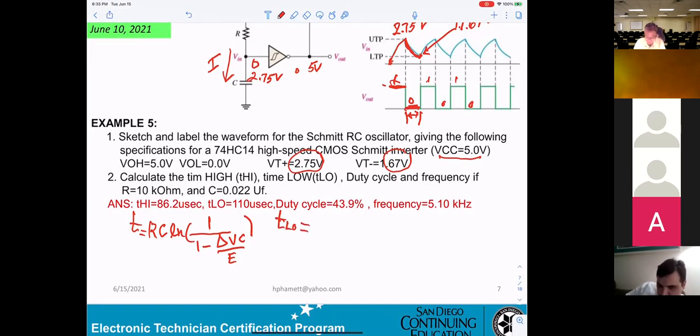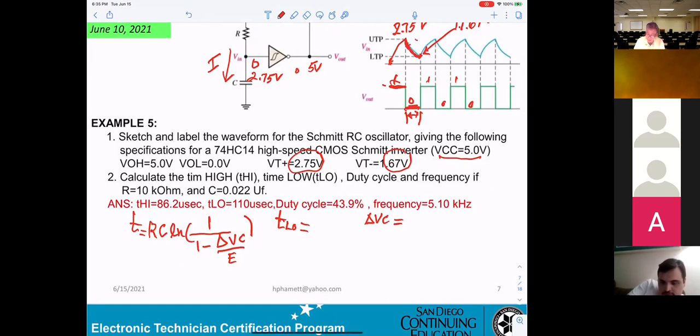RC you already know. The only thing you need to do is know what the delta VC is and what E is. So we need to know delta VC for the time low.